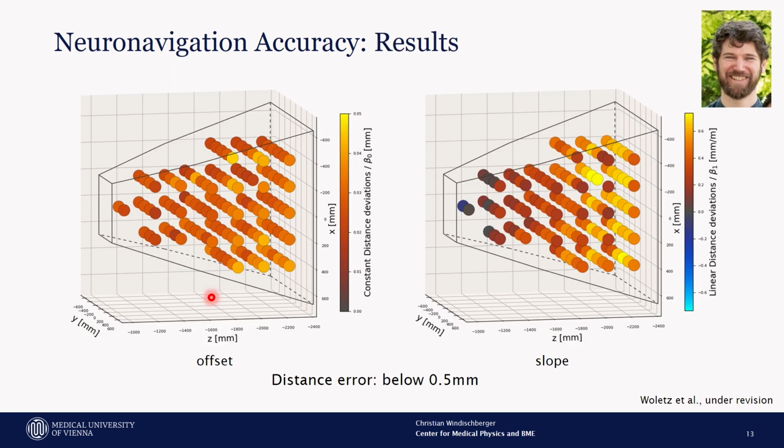This is the comparison across the field of view. The important thing is down here. The accuracy of this system is really very nice. It's about 0.5, 0.6 millimeter. So neuronavigation works really nicely. This is the short message of that.